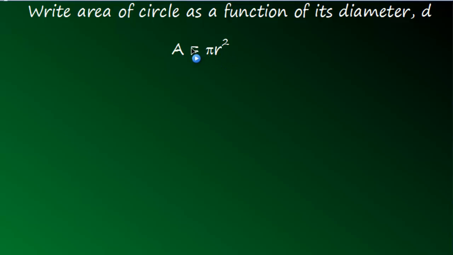So how do I write the formula for getting the area of a circle using a diameter instead of its radius? So area and diameter are not directly related. So what we have to do then is think about, well, is there another formula that I know of with circles that involves diameter and radius?